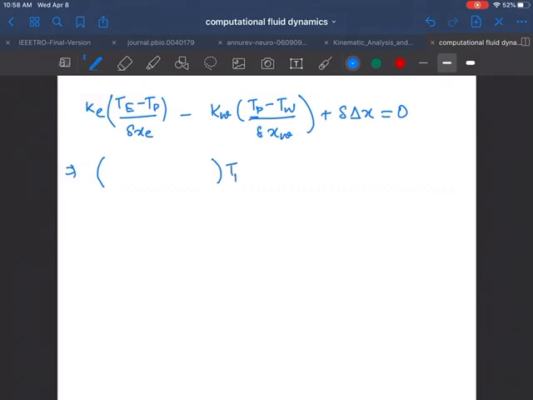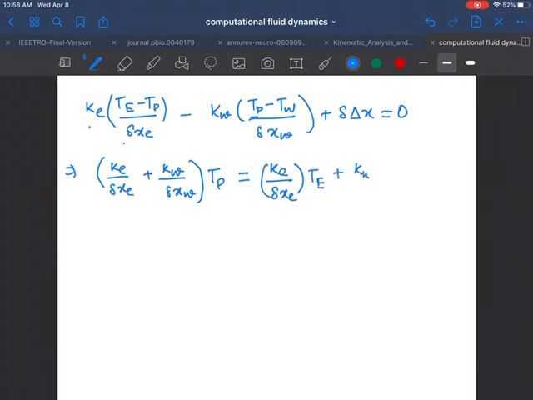So this is my TP times Ke by delta XE plus Kw by delta XW, is equal to, taking things to one side, Ke divided by delta XE times TE plus Kw divided by delta XW times TW plus S delta x. All these terms we can write like this.